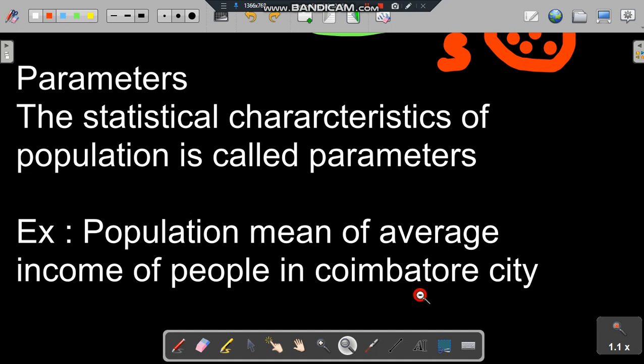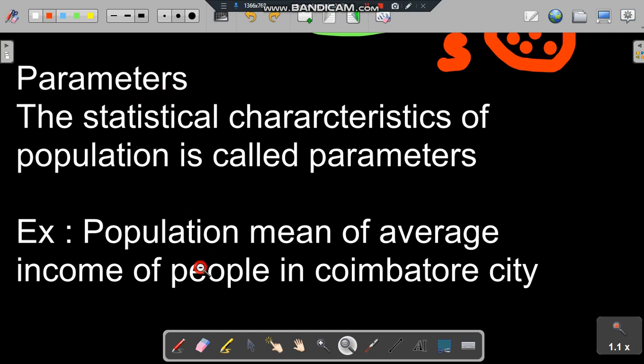I am taking Coimbatore City, and each and every person, I am asking them their income per month, and I am finding the average or mean of that. So this characteristic, the average or mean, is connected to this population of Coimbatore. Coimbatore is the population, am I correct? So that is a good example for parameters.